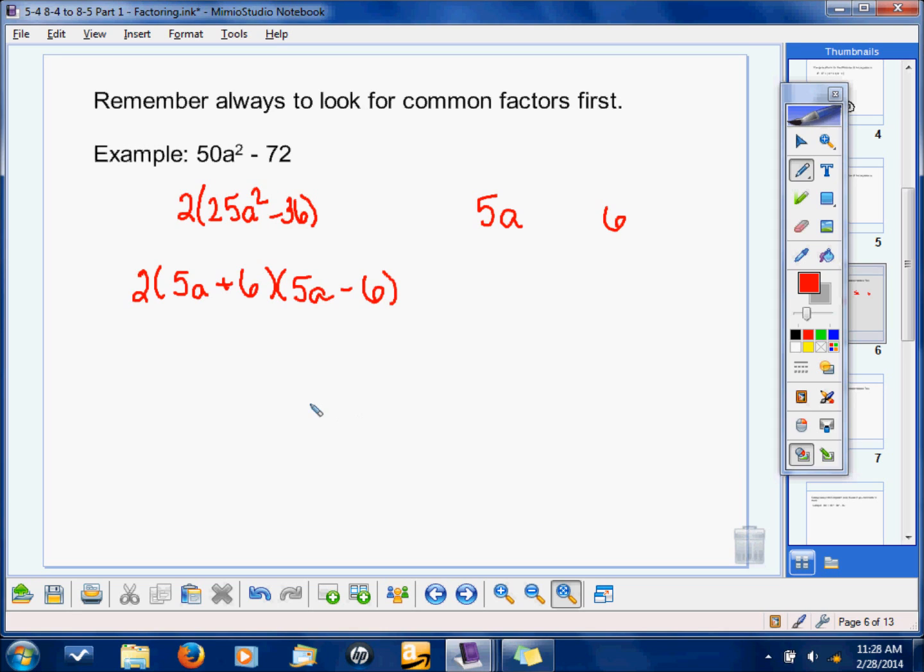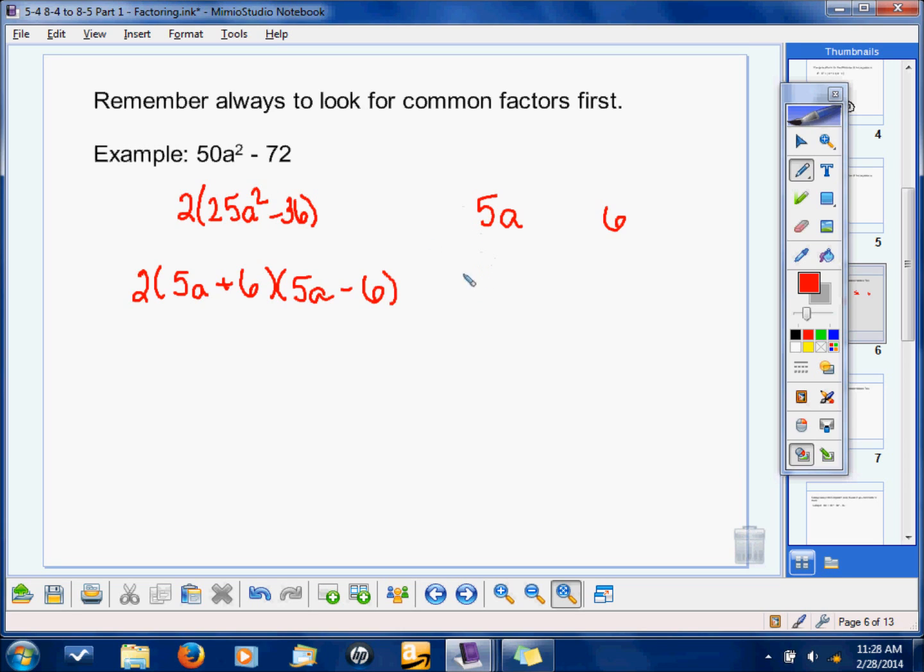Not too terribly much work when you have a difference of two squares. If you don't remember all your perfect squares, how can you tell on your calculator if it's a perfect square? What do you think, Alexis? Good. Use the square root button. If it comes out even, you've got a perfect square. And that number is your number that goes here.